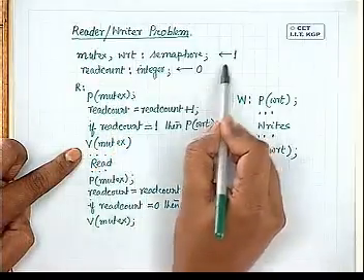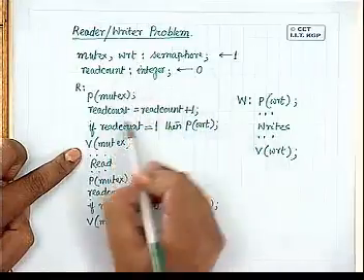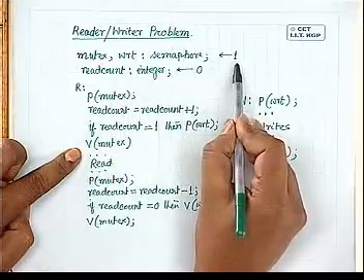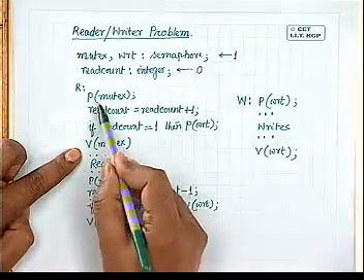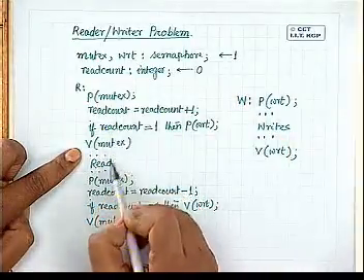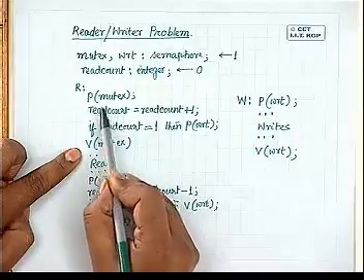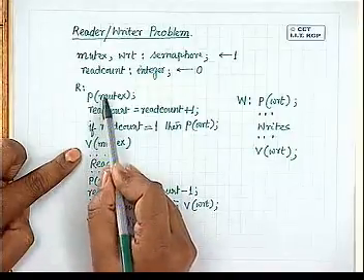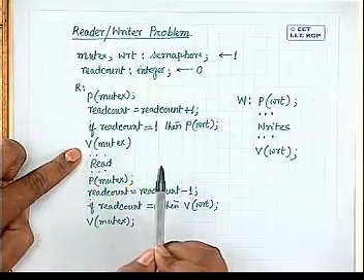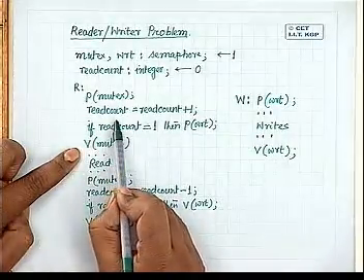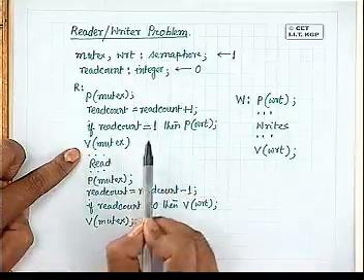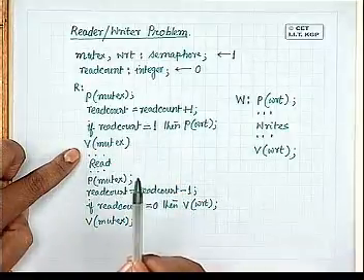simply because we have initialized semaphore variable mutex to value 1. Okay. So, this ensures mutual exclusion of these two statements within this P mutex pair. In essence, it ensures that this read count cannot be modified by more than one reader process at a time.